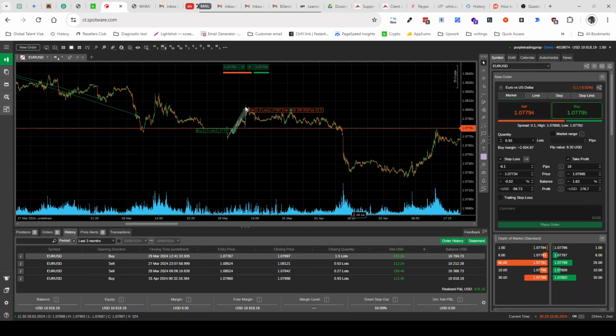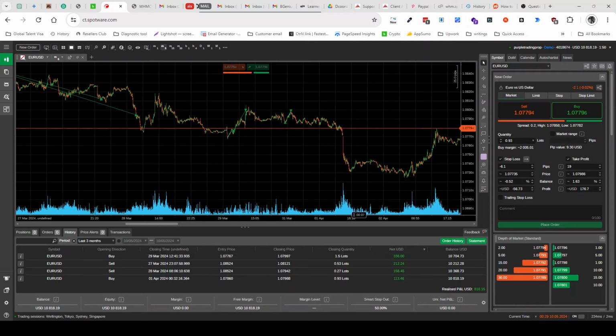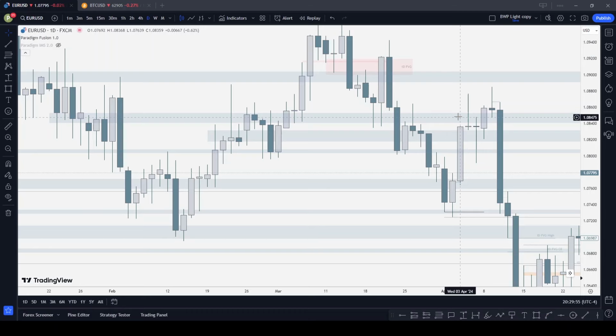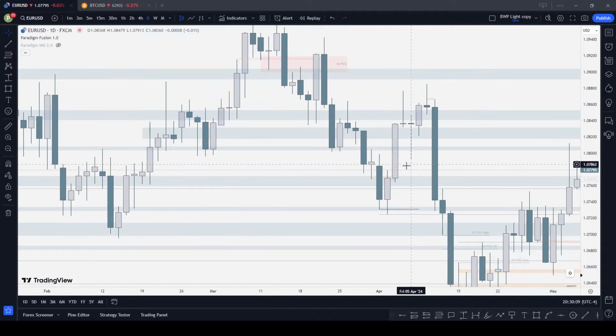So I went long and I closed immediately, somewhere around the high of the day. Immediately price hits this new week opening gap right there, I close it. Okay, so you know that this works.